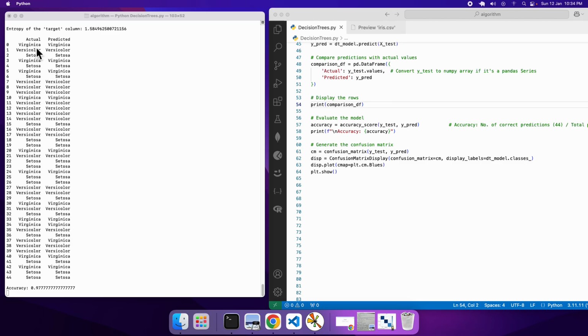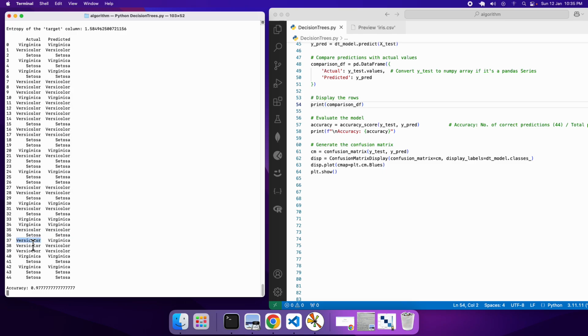Now if you look over here, this is the actual data of your y test, and this is your predicted result. It would be very difficult for you to differentiate which one is the correct one. If you look subsequently, you will find they are all similar, but one portion I have noticed, this particular row, row number 38, which is 0 to 37, then 38.